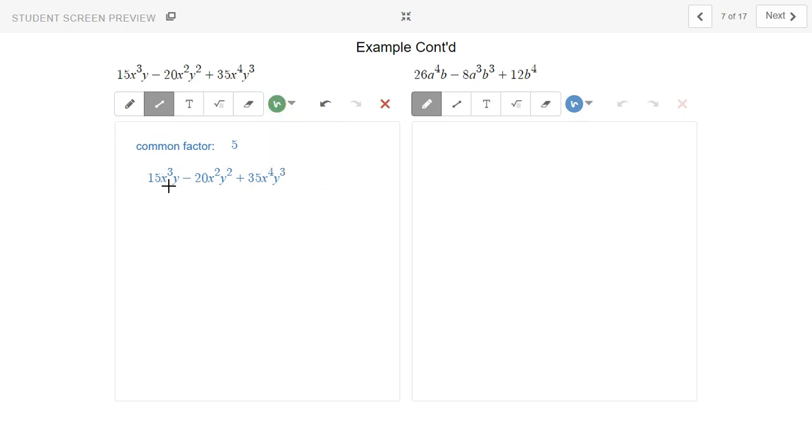Okay, so for the first one, we have 3 x's, so x times x times x times y. The second one is made up of x times y times y. And our third one, we have x times x times x times x times y times y times y.